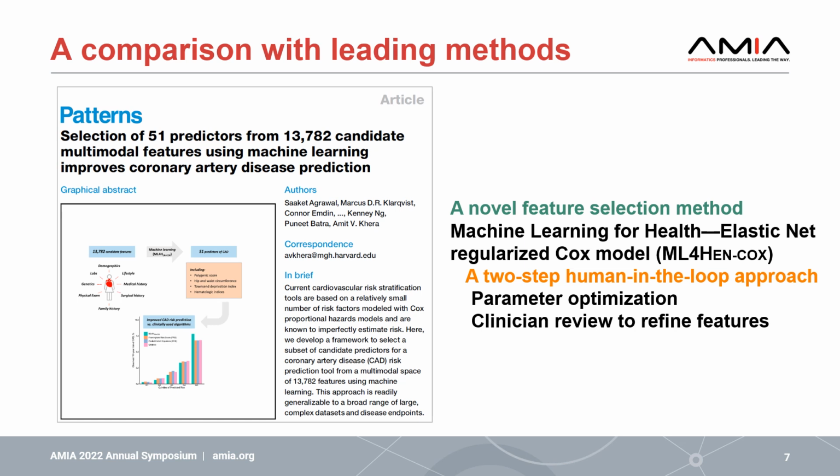Those folks provided us their data frame, and then we were also able to compare the performance, and the advantages and disadvantages, of our method to the different methods that they applied and developed.